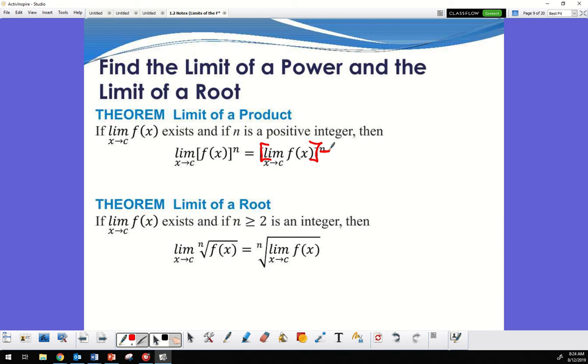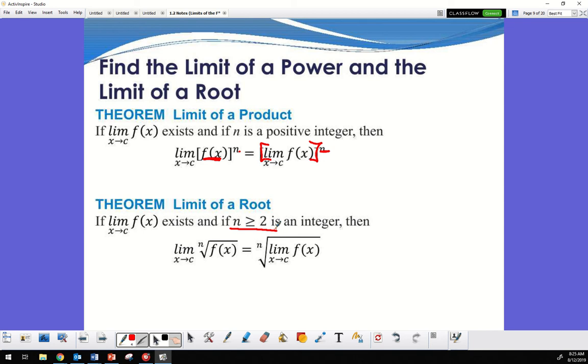So I'd actually do this, the limit of this, take it to that power. And the same thing for roots. Okay, exists, and n is greater than or equal to 2, an integer.